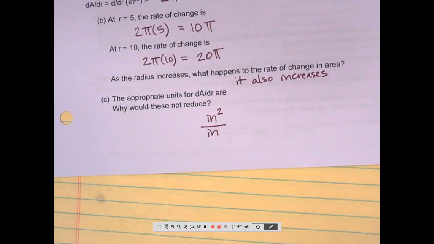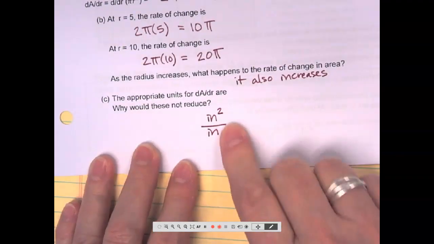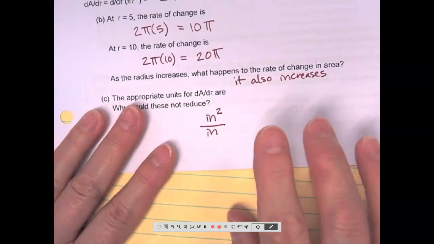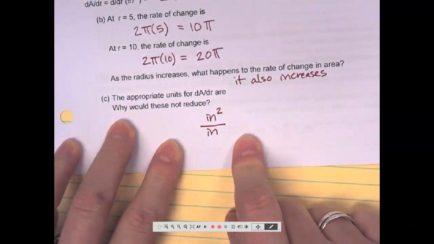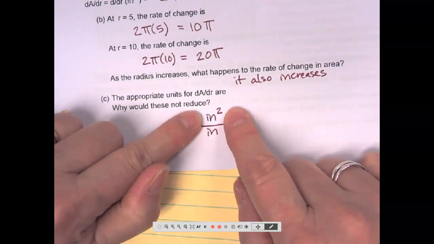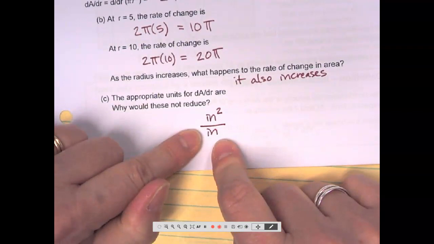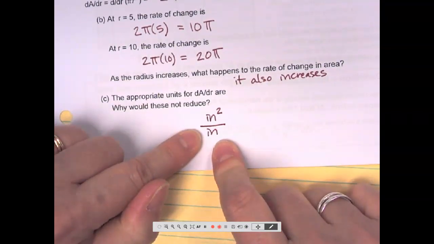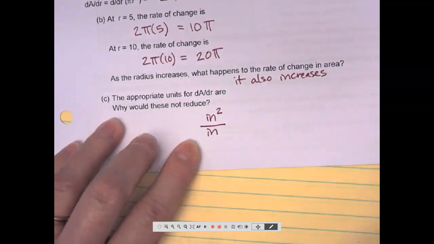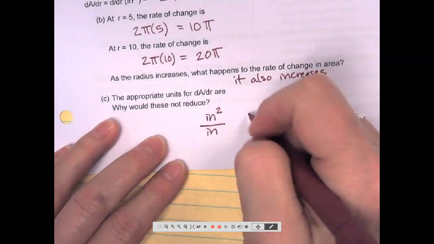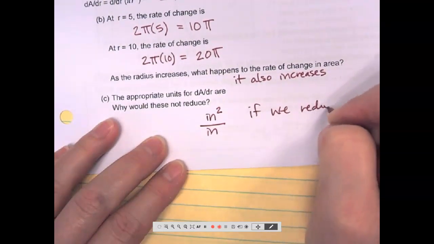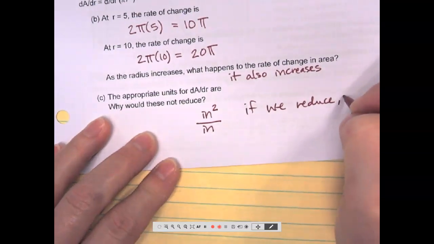It is, yes. Normally, if this was x squared over x, I would reduce all day long. But in this case, I maintain that and don't reduce it, because I want it to represent change in area per radius. If I reduce it, it just becomes a radius measurement.